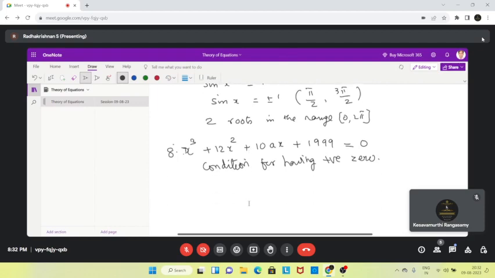What theorem or what rule is applicable here? Sir, can we use Descartes rule? Descartes rule. So how will you apply it here?